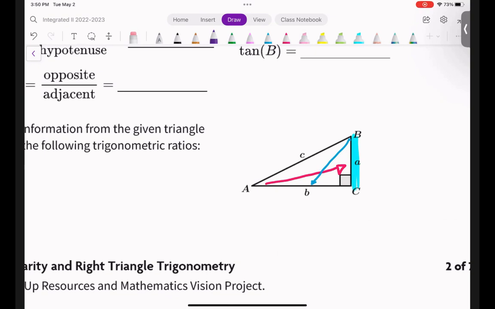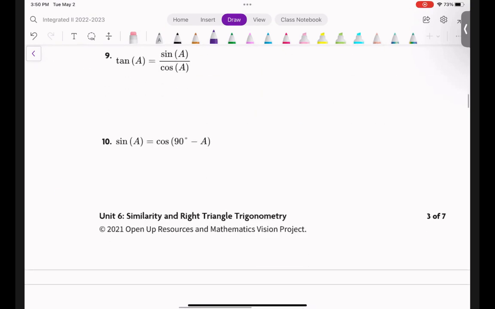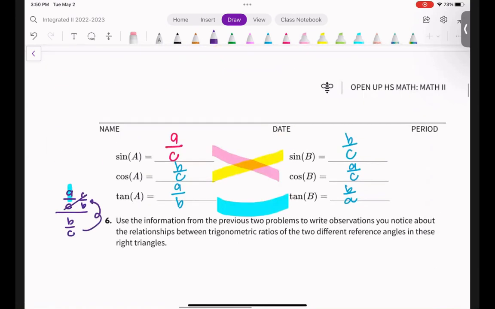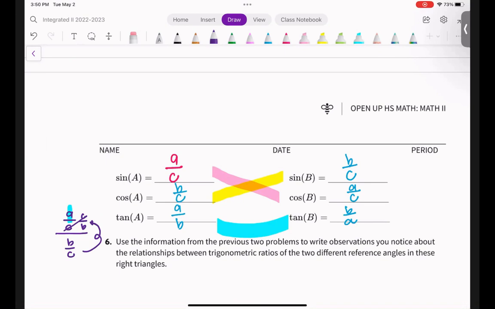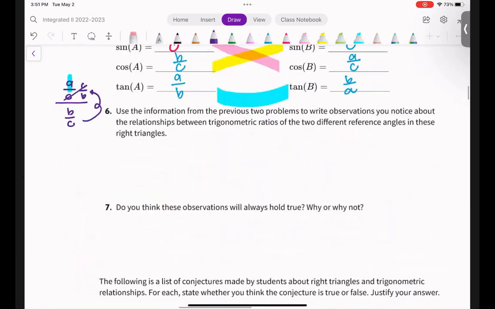The answer here is yes, because when you look at 90 minus A, you get B. So if I'm looking at the sine of A, you told me that the sine of A matches with the cosine of B, and 90 minus A is B. So yeah, that makes sense, right?